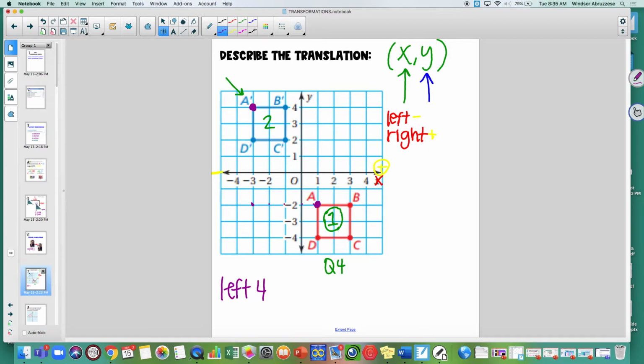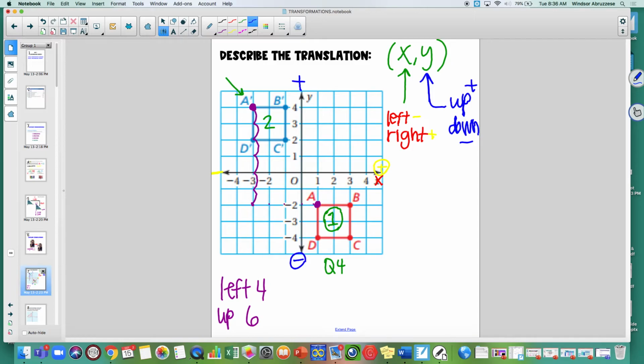I'm going to now move up. How many? 1, 2, 3, 4, 5, 6. So then I went up 6. That is my y value, because the y-axis is either up or down. When I move up, is that positive or negative? Positive. Up here, all these numbers are positive. And when I move down, my numbers are negative down here.